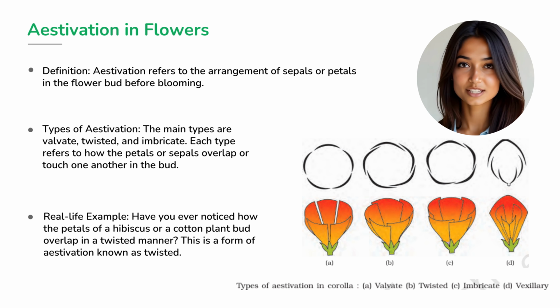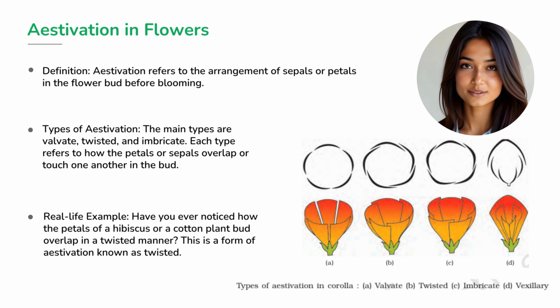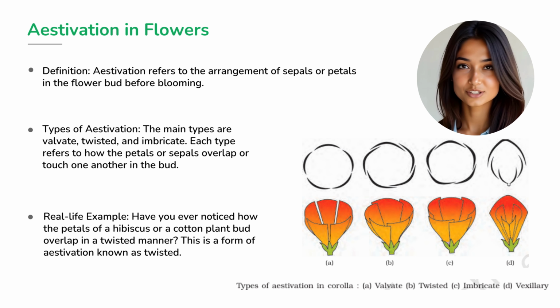In valvate aestivation, the petals touch each other at the margins but don't overlap. In twisted aestivation, one petal overlaps another, and in imbricate, the petals overlap in a more irregular way. This simple-looking characteristic plays a big role in how the flower grows and how it interacts with the environment. Nature's design, right? It's these little details that make biology so wonderful to explore.